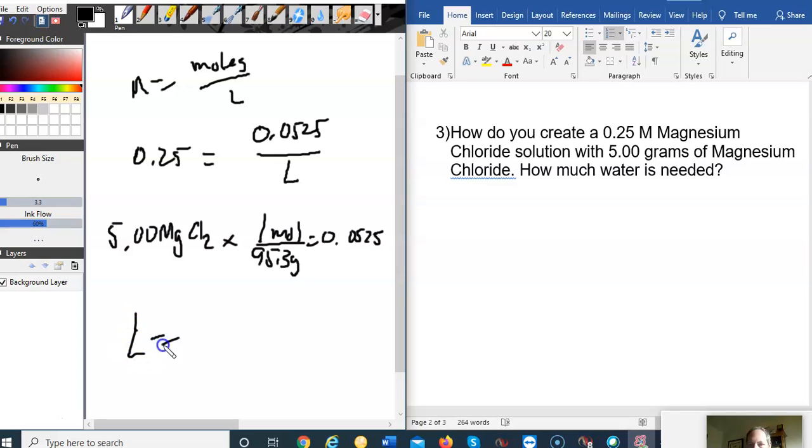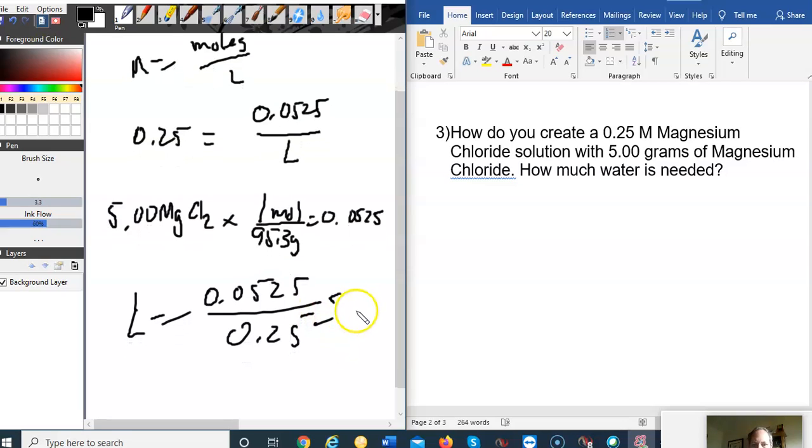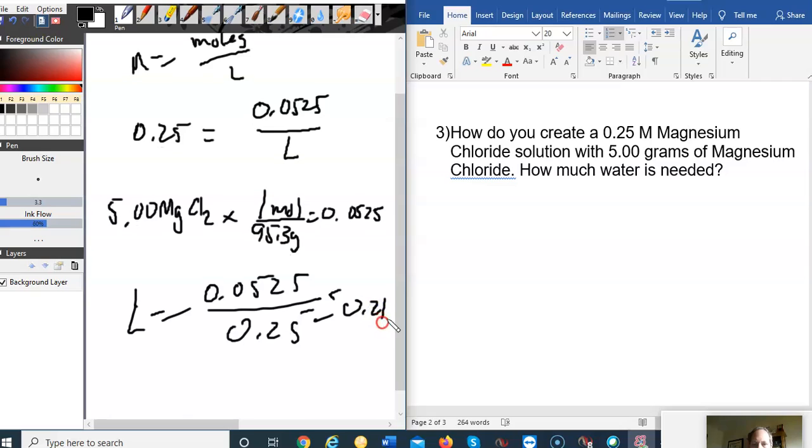And then you solve for liters. So 0.0525 divided by 0.25 is 0.21, and that's in liters. If you want to convert to milliliters, which makes it a little bit easier, that's 21 milliliters.